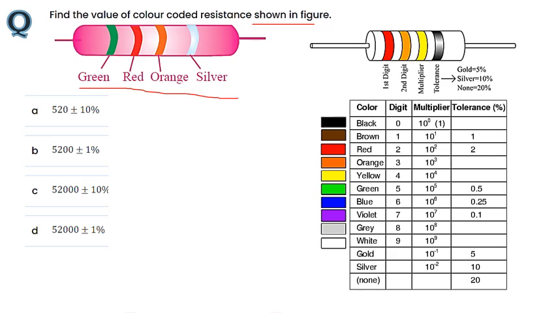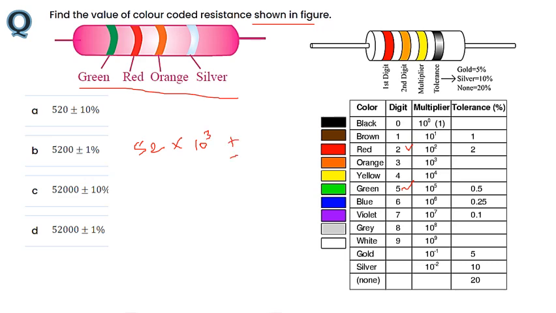Now in this case, the first one is green in color, which is 5, and the next one is orange in color, which is 2. I mention here 5, and the second one is 2. The third one is the multiplier, which is orange, that is 10 power 3. Then plus or minus is the tolerance.